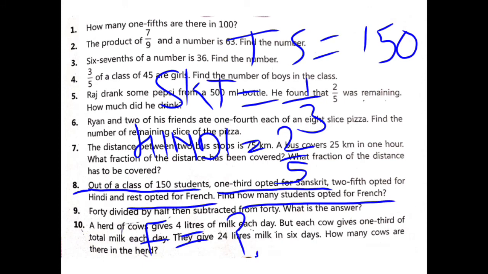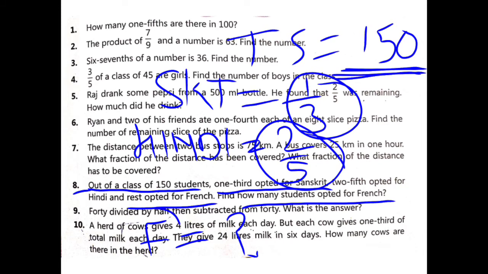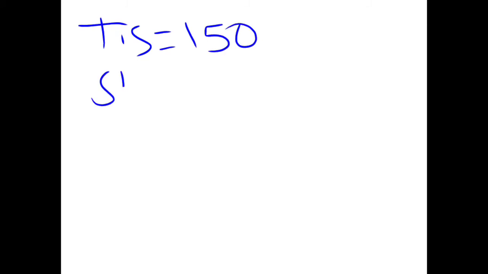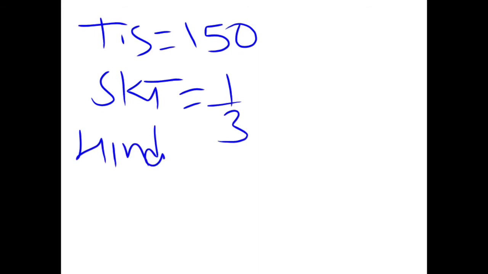Now I'm moving to the next page. Total students are 150, SKT is 1 upon 3rd and Hindi is 2 upon 5th, and we have to find the number of students for French. Total is 150, SKT is 1/3, and Hindi is 2/5.